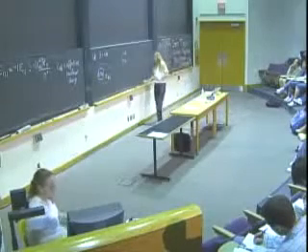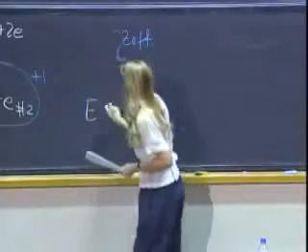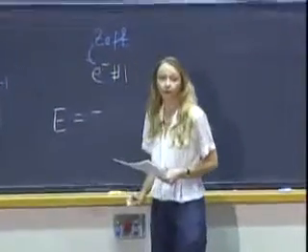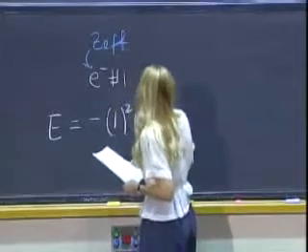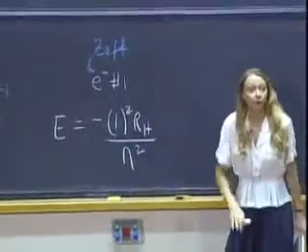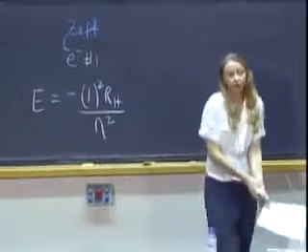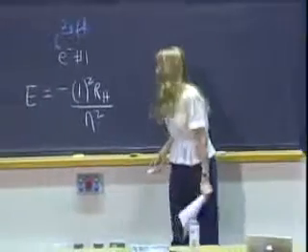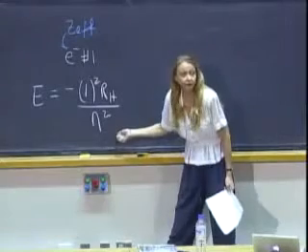If that's the case, well then the binding energy of that electron, right, is 1 squared times R sub H over n squared. All right? We're going to consider n equal 1 because we're going to talk about the ground state of the helium atom here. But you know what this value is going to turn out to be.